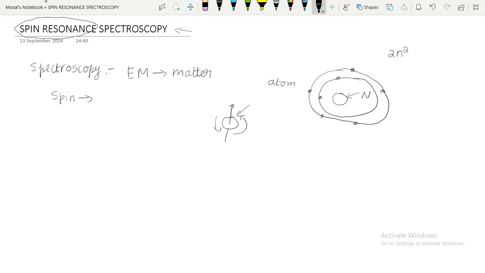So for example, I'll tell you why it's like that. If we have a charge moving in a circular orbit, what happens? There will be current produced due to this charge, and it will have some magnetic moment. Correct.